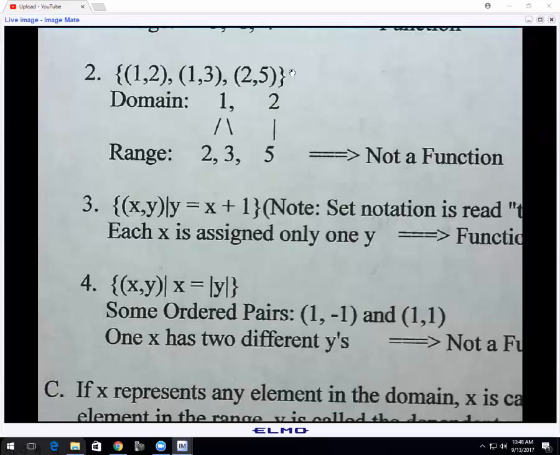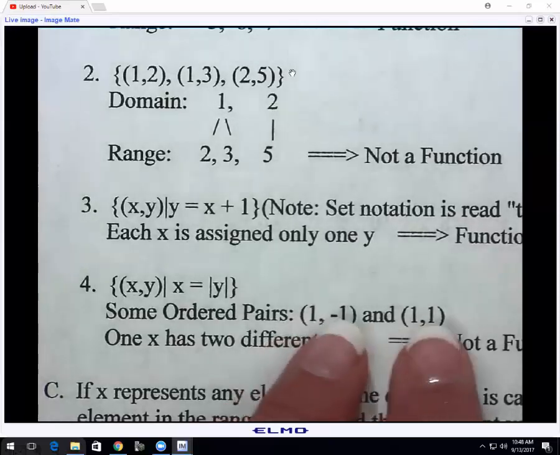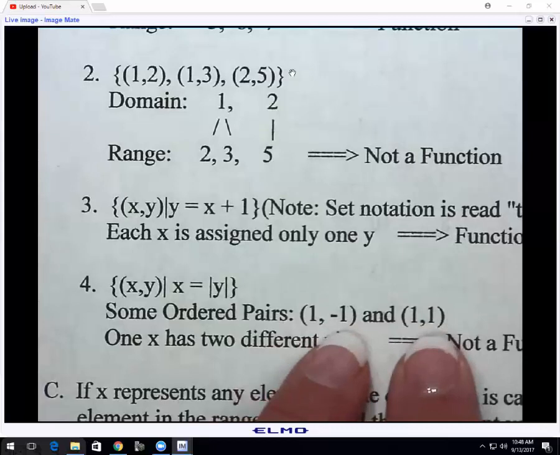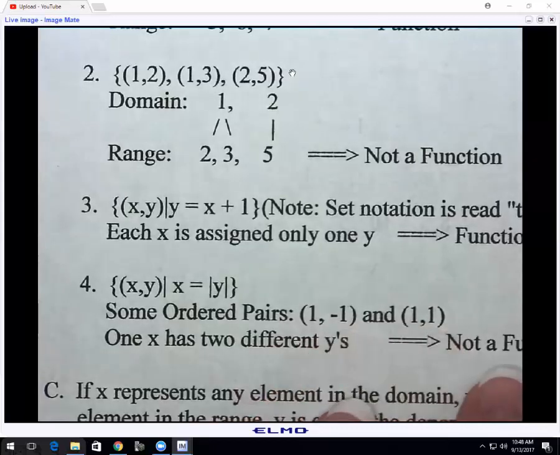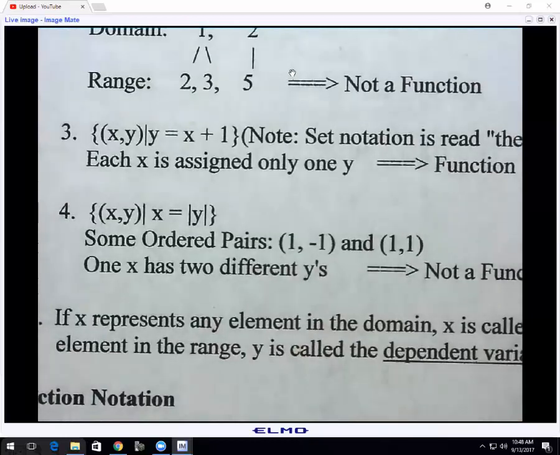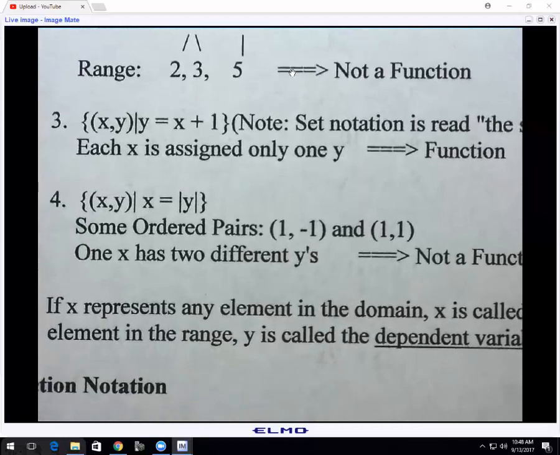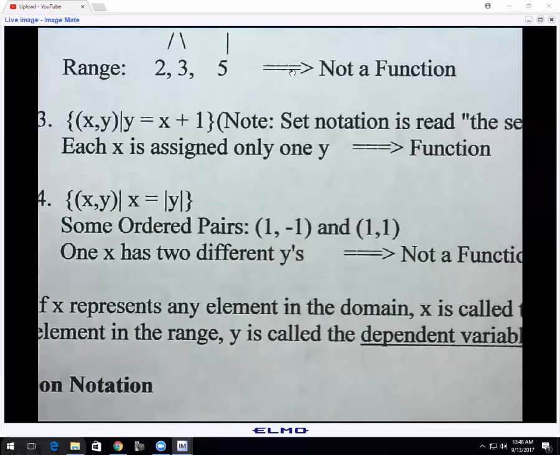I squinted for a minute and came up with these two ordered pairs that have the same X coming from two different Ys, so it's not a function. If X is any element in the domain, it's called the independent variable. If Y is an element in the range, it's called the dependent variable. The Y you get out depends on the X you put in.